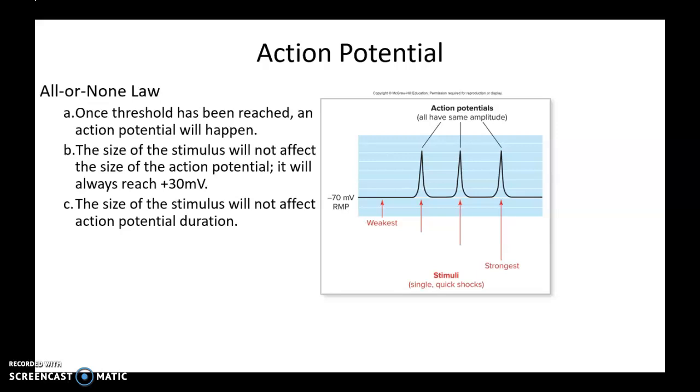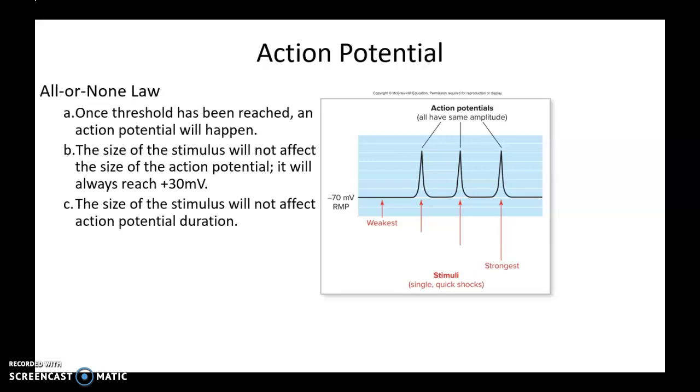Is it possible that it takes a lot of time to reach from -70 to -55? Yeah. Is it possible that the threshold is reached super fast? Yeah. My point is, no matter whether the graded potential takes place slowly or fast, once you hit the threshold, there will be an action potential.